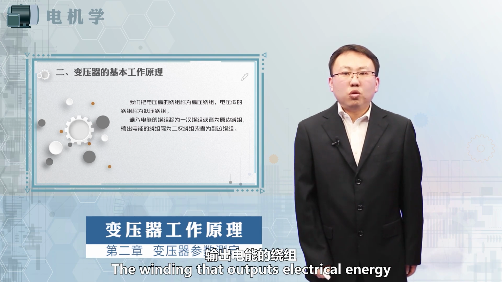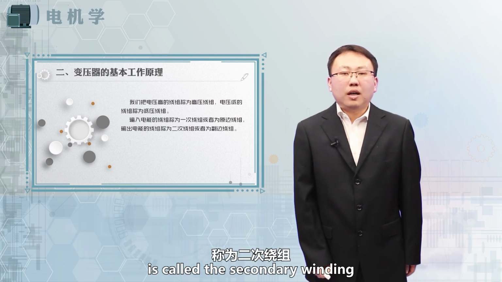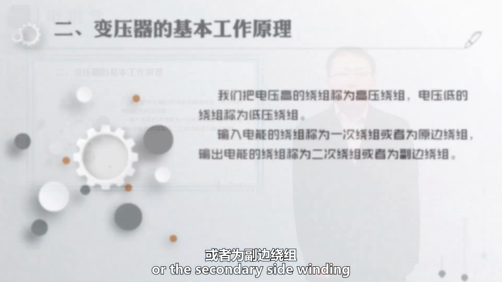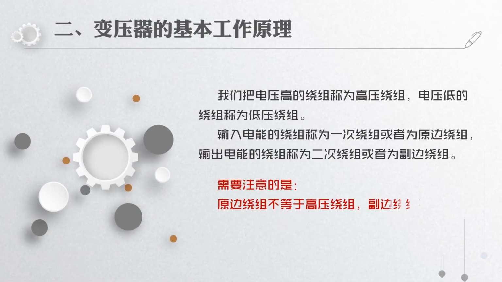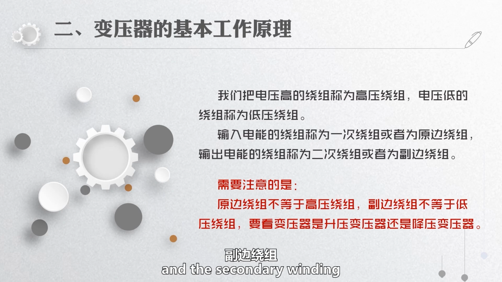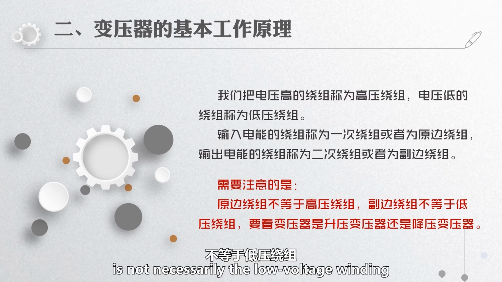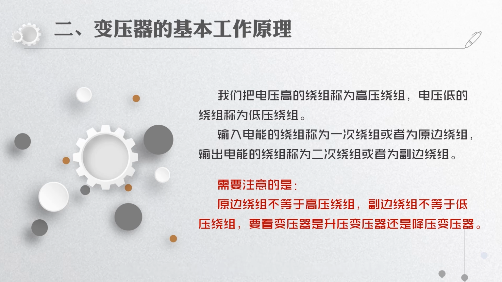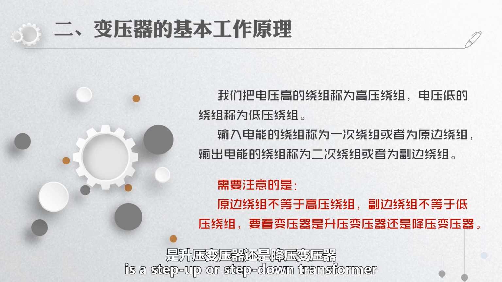The winding that outputs electrical energy is called the secondary winding, or the secondary side winding. It should be noted that the primary winding is not necessarily the high voltage winding, and the secondary winding is not necessarily the low voltage winding. This depends on whether the transformer is a step-up or a step-down transformer.